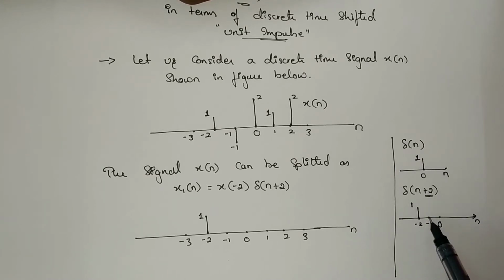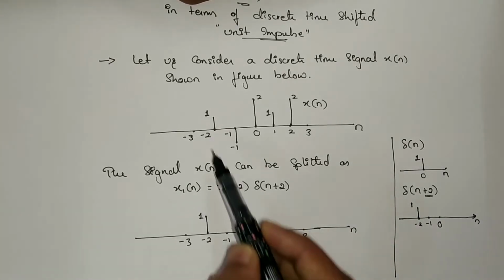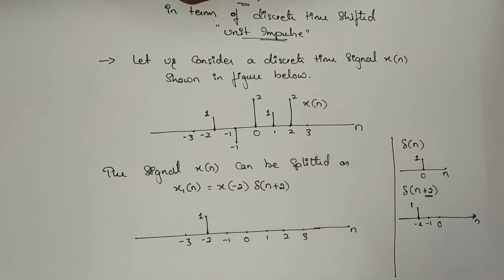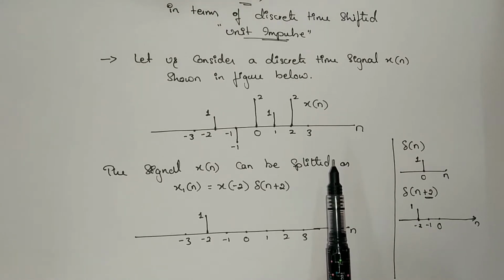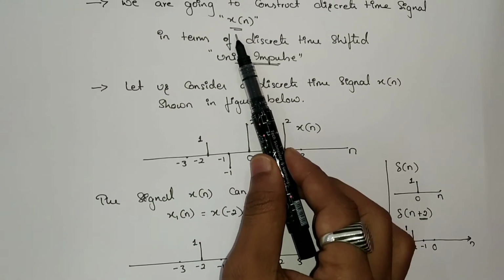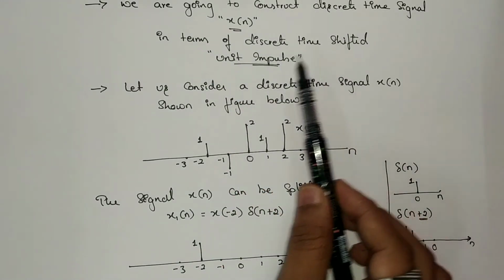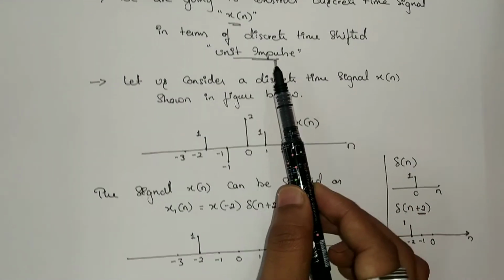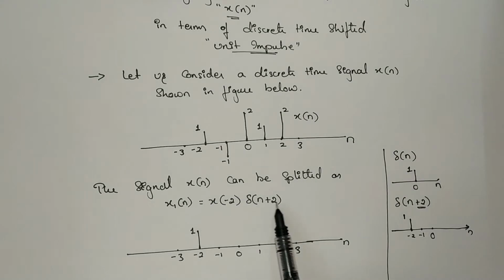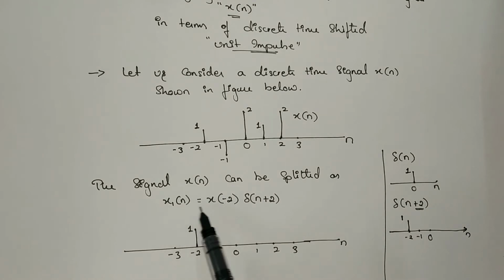So at n is equal to minus 2, delta of n plus 2 is 1, and x of minus 2 is 1. 1 into 1 is 1 itself. Remember, we have taken delta of n plus 2 just to represent the given signal x of n in terms of discrete time shifted unit impulses. Now we got x1 of n.